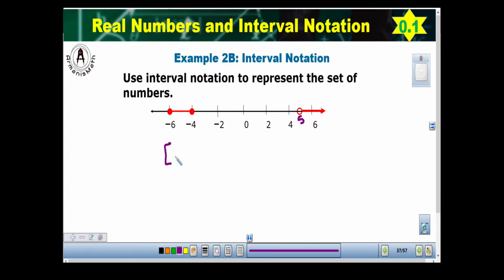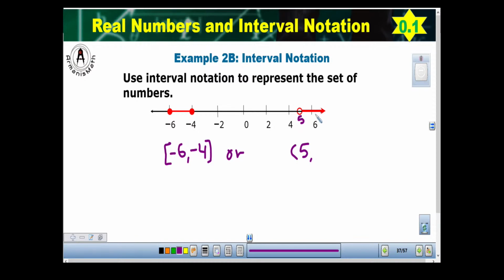So here's a bracket. And I put -6 because that's the least endpoint, that's the lowest, and then all the way to -4, which also has to have a bracket because it's bubbled in, it's equal to. Or the other part. Now the other part looks interesting because I have an open circle. That means I have to have parentheses. And then the 5 all the way through.